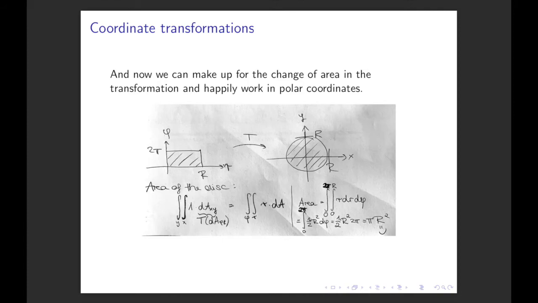Now we have everything. We can make up for the change of area in the transformation and happily work in polar coordinates. So to compute the area of the disk in Cartesian coordinates, we have the y and the x integral.